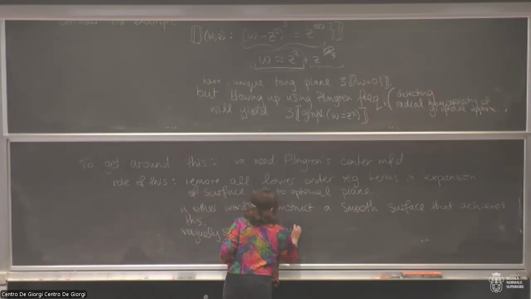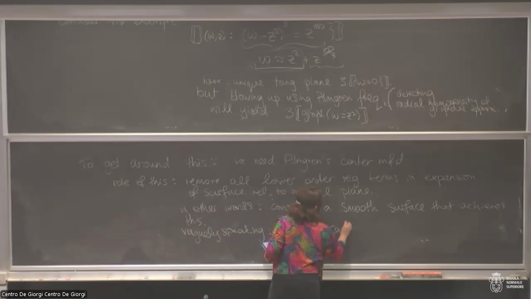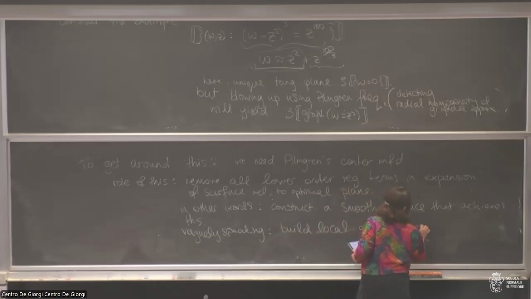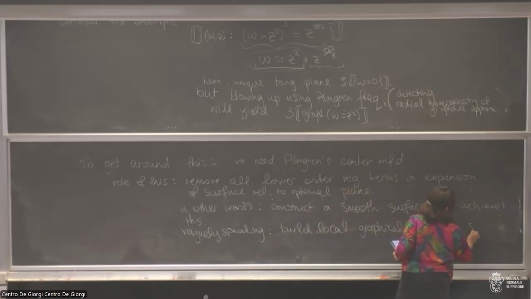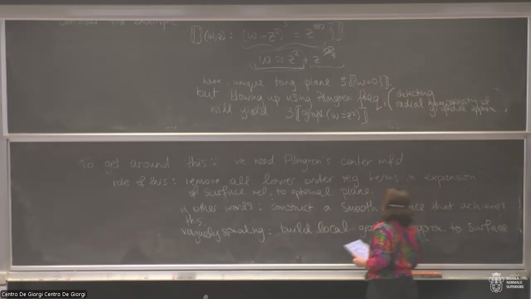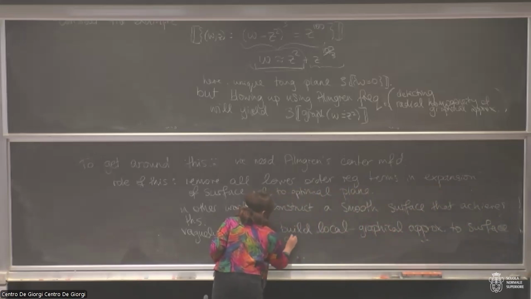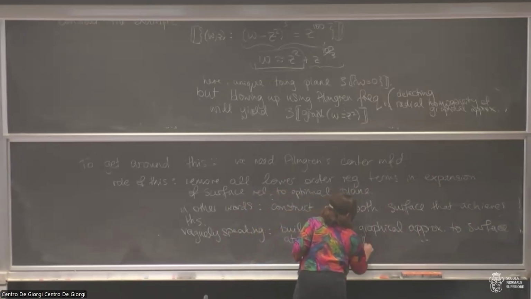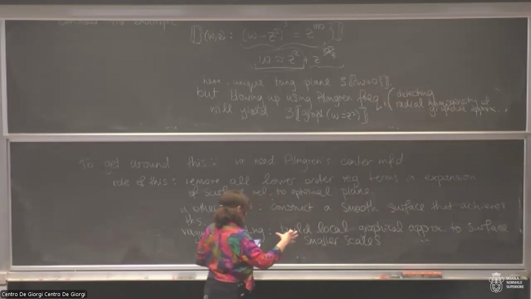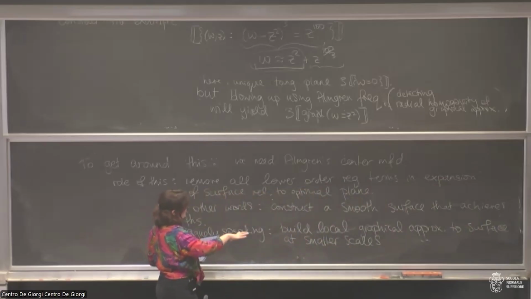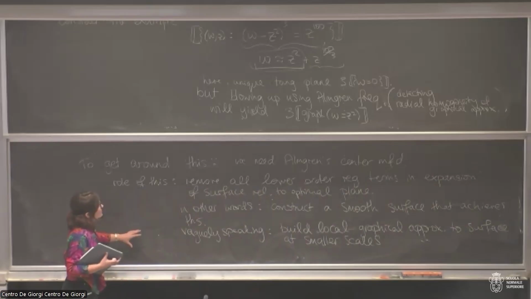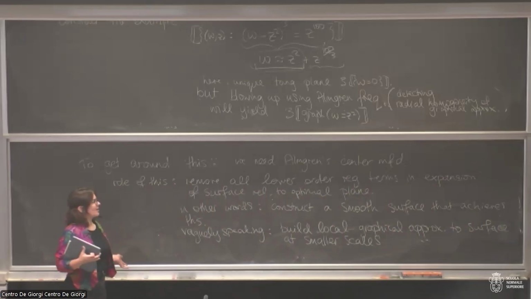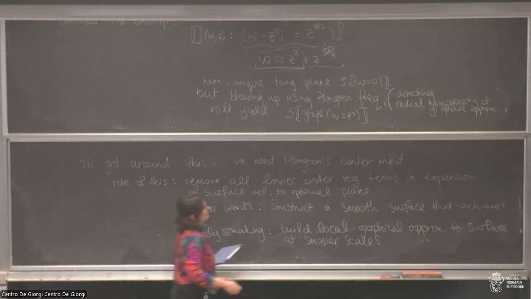So build local graphical approximations to the surface at smaller scales. Then you want to start taking averages. It depends: if you're in the minimizing setting, essentially this center manifold will be constructed as a smoothed out average of the sheets of your surface.